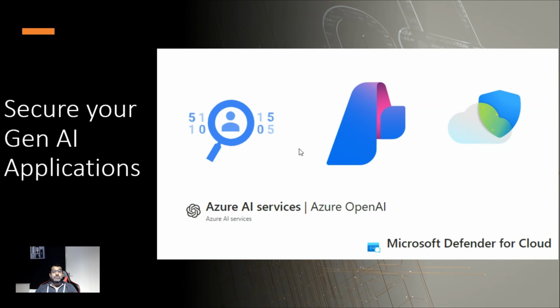Today we are going to take a look at securing Gen AI applications. As we all know, the rapid advancement of Gen AI is driving transformations across all industries. This shift is enabling companies to leverage artificial intelligence, with which they are able to efficiently automate processes, streamline operations, and innovate faster.